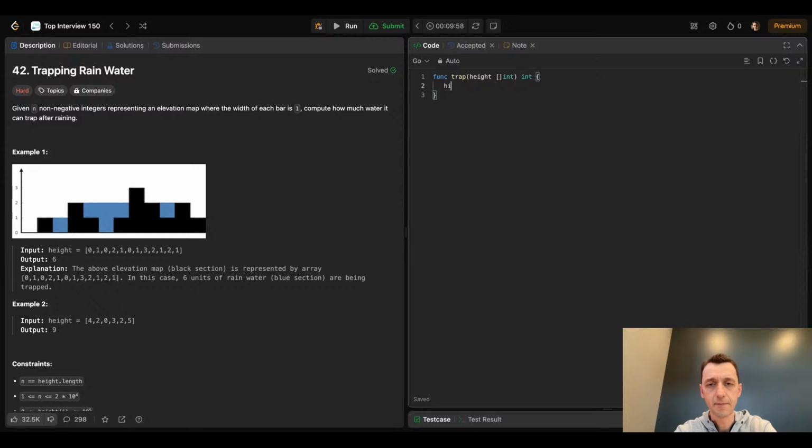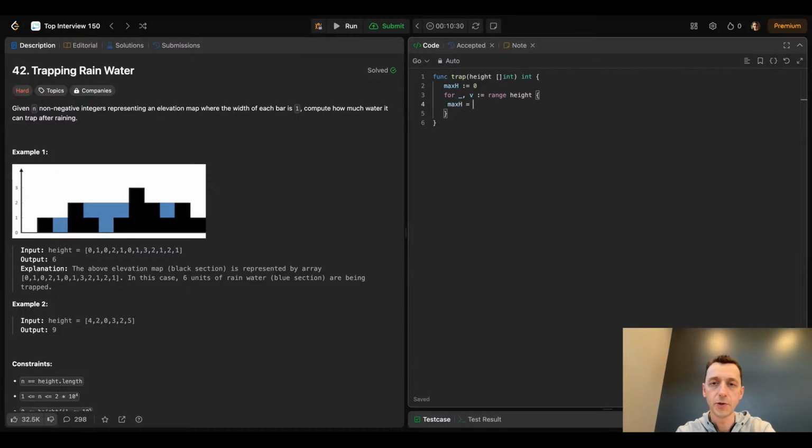Max h is 0, and we're going to go over the array, for v in range of height.